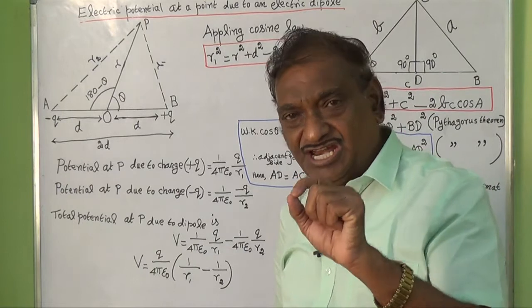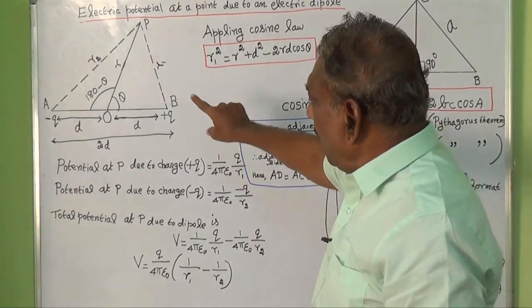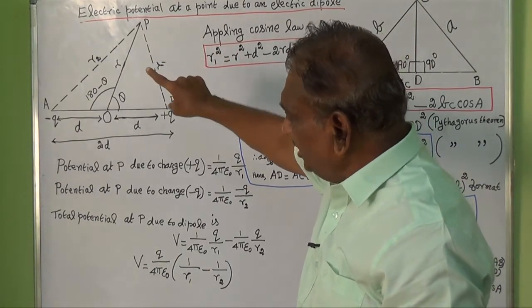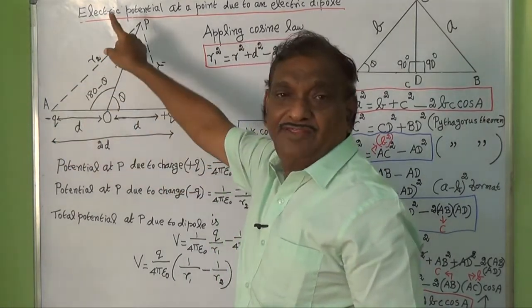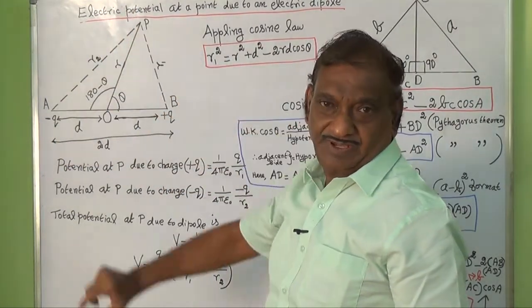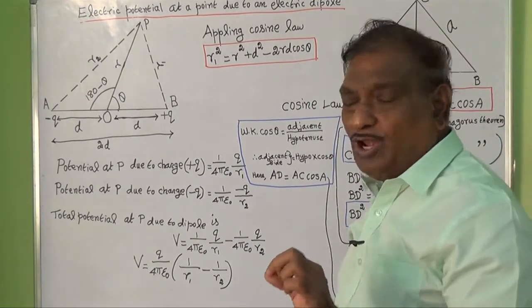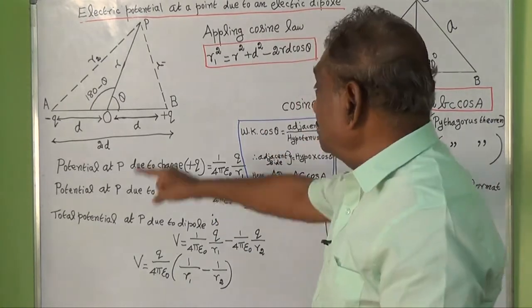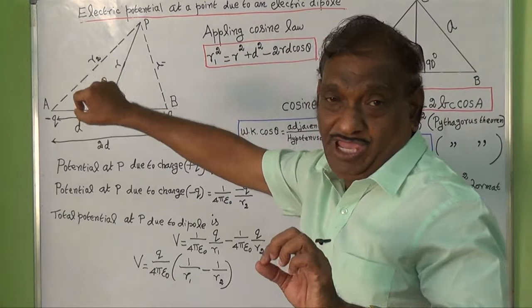R1 is the distance between the charge plus Q and the point P. R2 is the distance between the minus Q charge and the point P. So now we have to calculate the electric potential at this point P due to this dipole AB.